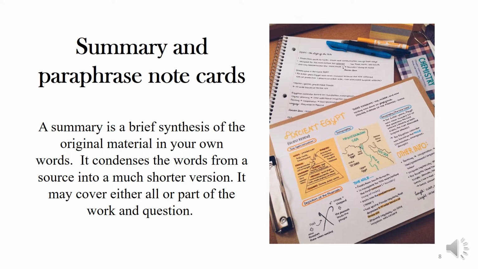It may cover either all or part of the work. For example, you have a general topic and you want to write the definition in clear words. Or you may want to write the purpose of something, just like these slides. It summarizes the whole topic or subject.